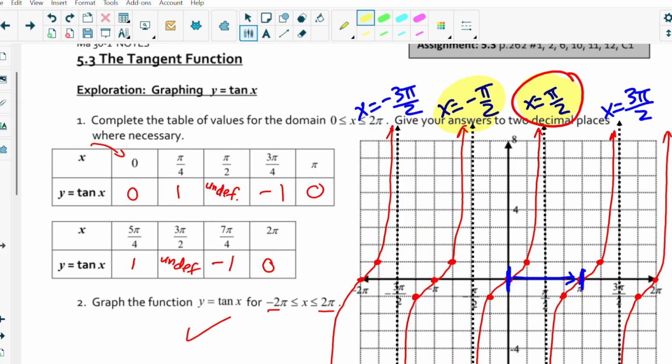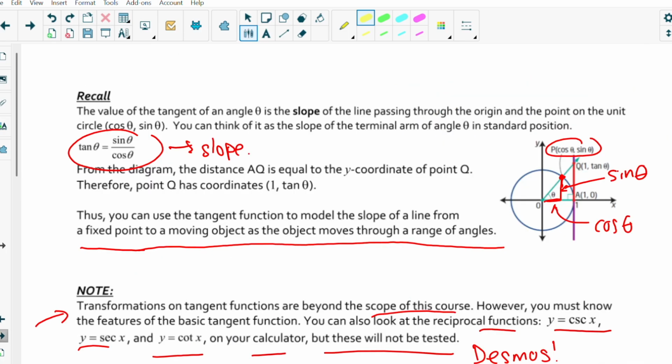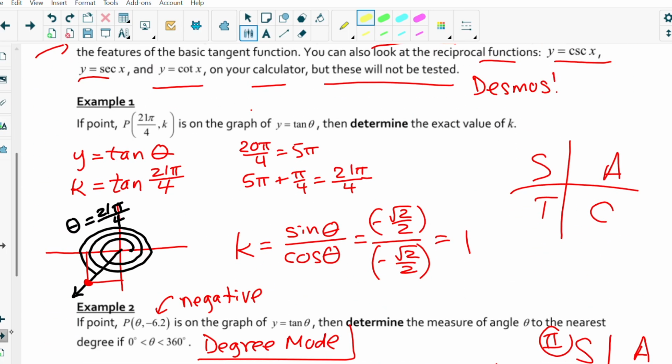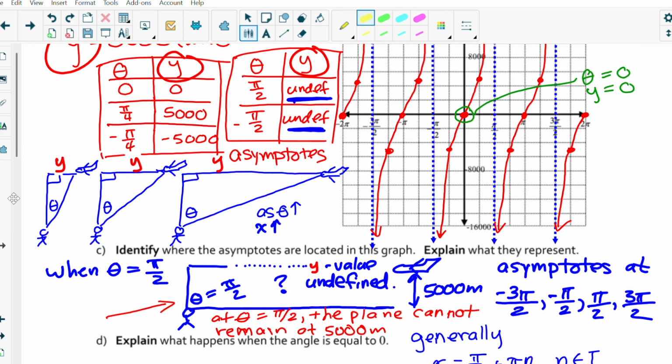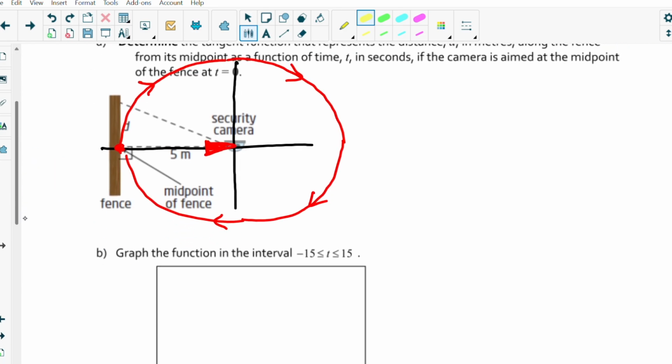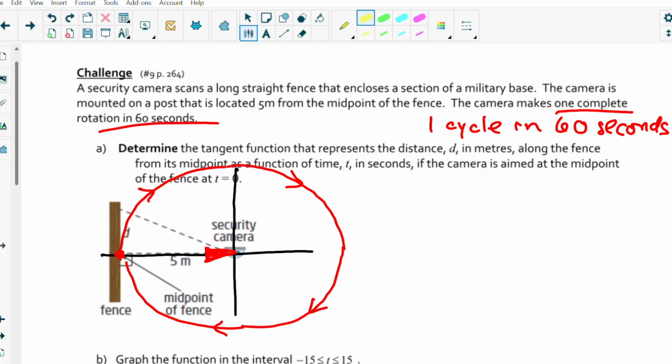So when we go back and think about our b value, we have to be careful here. For a tangent ratio, we have to think in terms of half cycles. So one cycle, this is one full cycle.